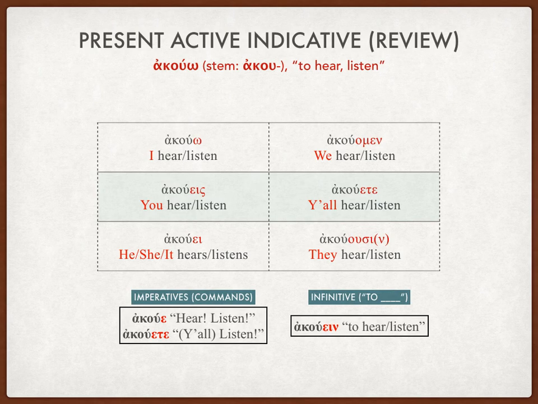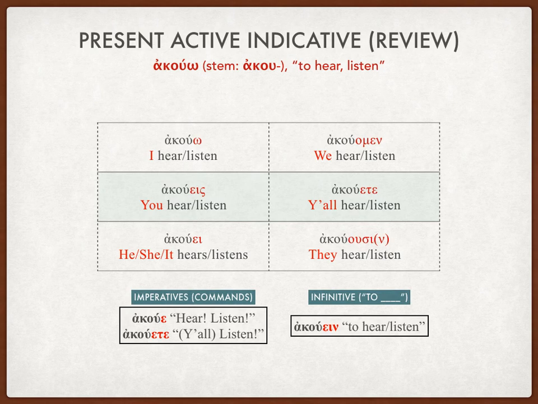The other form we're going to talk about this chapter that we will see in the readings is the infinitive. The infinitive is a little bit tricky, but all you really need to know right now is that you translate the infinitive with the phrase to blank. So akuein, the ending for an infinitive is ein, epsilon, iota, nu. Akuein means to hear or to listen.